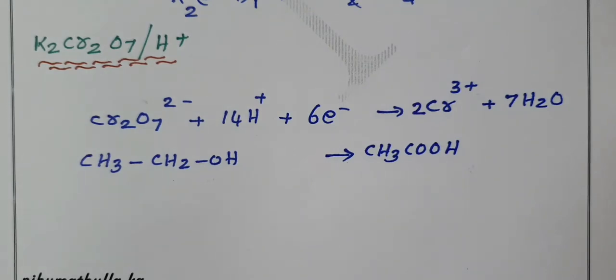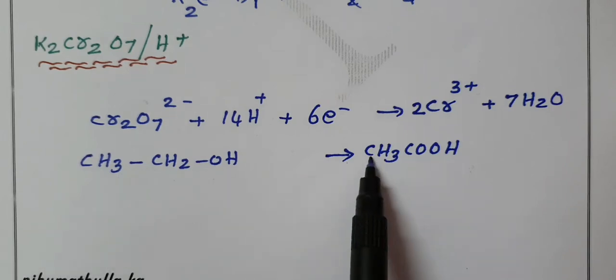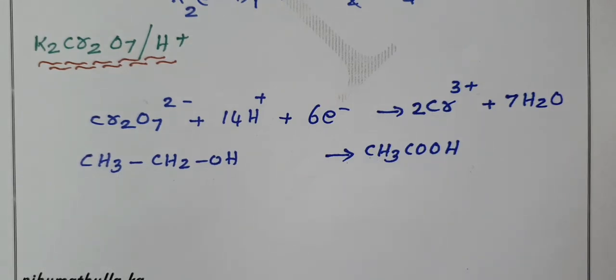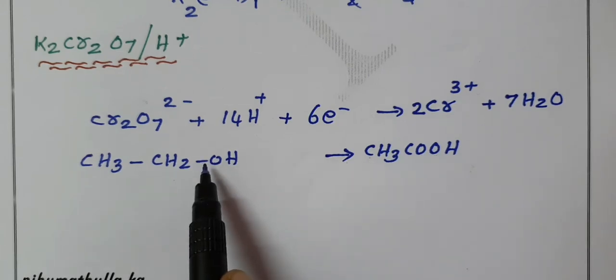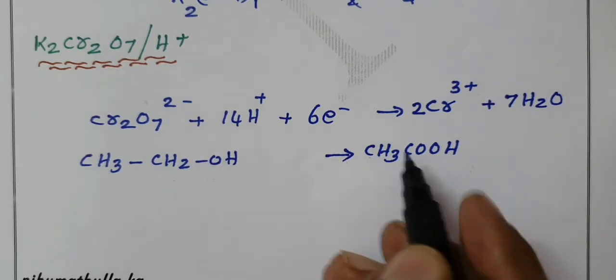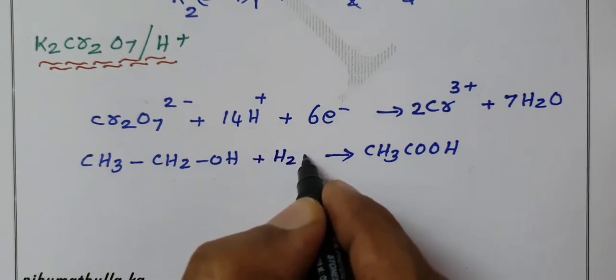First, we have to balance the equation. Left hand side 2 carbon, right hand side 2 carbon. Carbon is balanced. Second step, we have to balance oxygen. Right hand side 2 oxygen atoms, left hand side 1 oxygen atom. Therefore, that one oxygen is balanced by adding one water molecule, H2O.